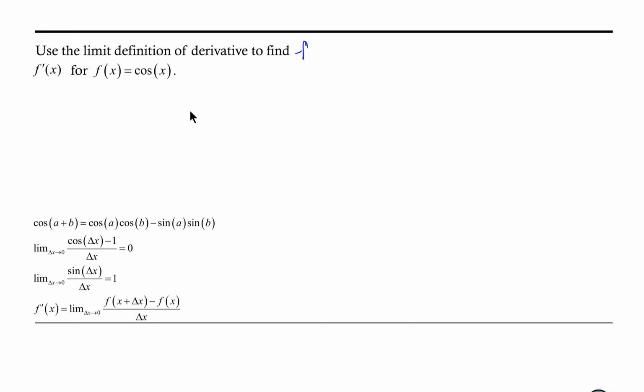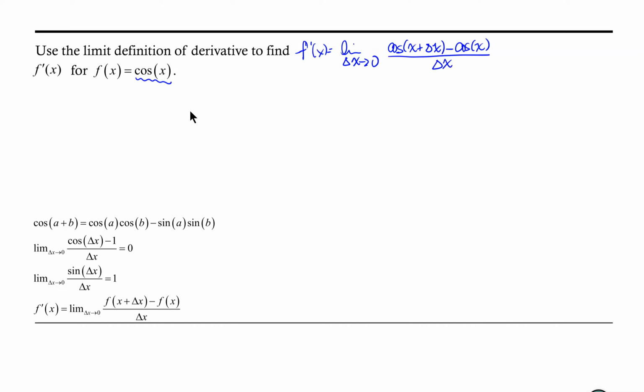So f prime of x is equal to the limit as delta x goes to 0. Our function this time is cosine of x. So cosine of x plus delta x minus cosine of x all over delta x.